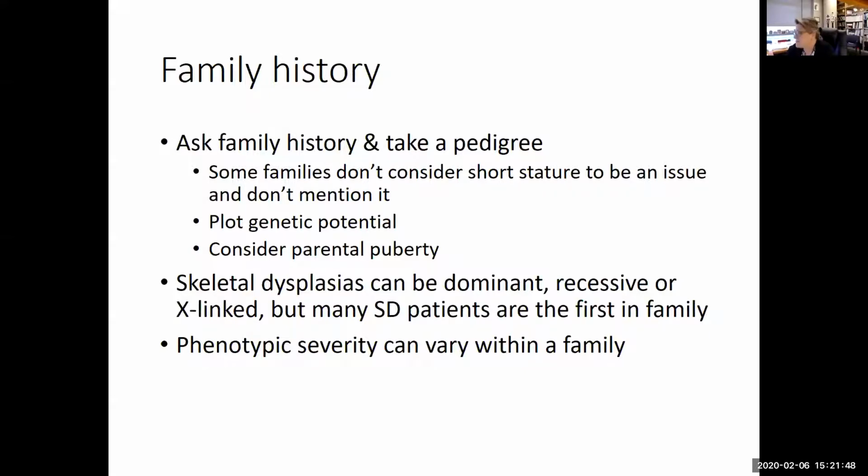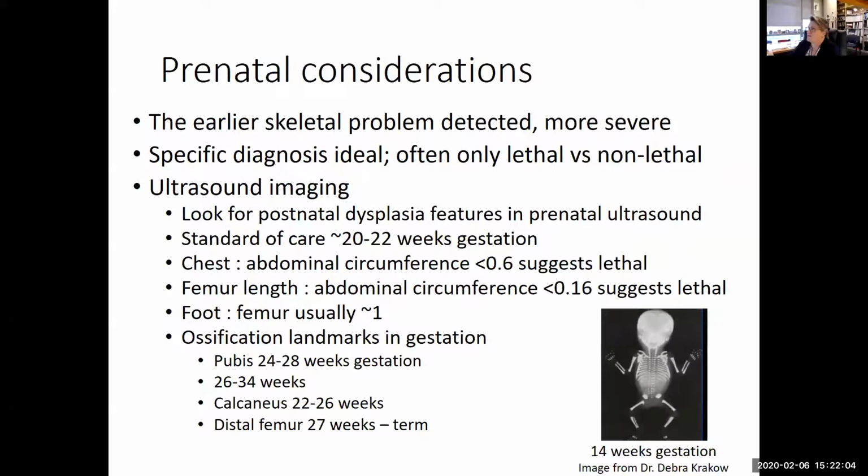But the manifestations of some of the dysplasias, even things in the achondroplasia realm, OI realm, can vary significantly within the family. So just taking that time to really explore the phenotype in those individuals can help you in reaching that diagnosis for that individual also.